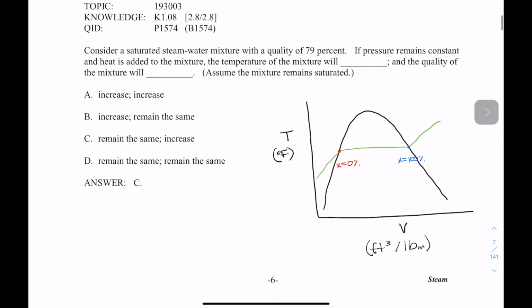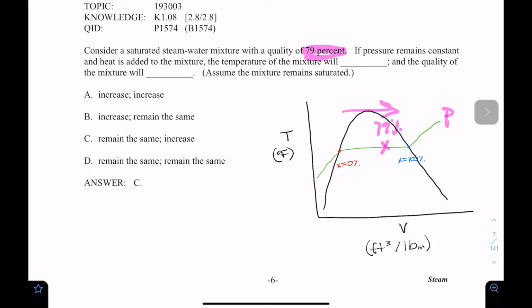Okay, so the next one, it's P1574. Again, consider a saturated water mixture with a quality of 79%. So it's telling me you have a quality of 79%, so I'm going to be around here. If pressure remains constant and heat is added, I'm going in that direction.